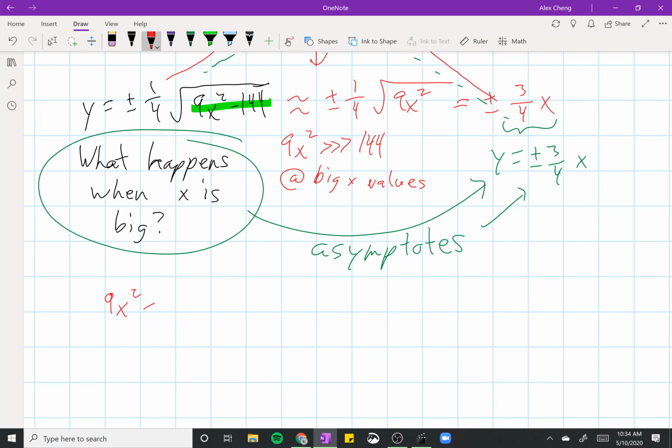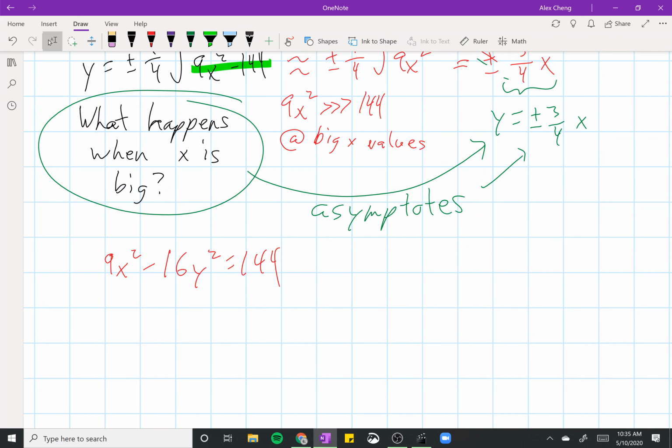9x squared minus 16y squared equals 144. Once I have this, if you remember from the ellipse video, we can actually see all the features of the ellipse if I can get this equation to equal 1. So I'll do that again by dividing by 144.